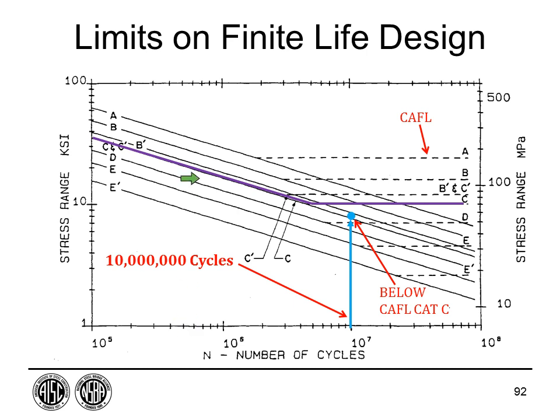And that's perfectly fine. But let me cast it differently. Let's say I said to you, I need to be able to tolerate 10 million cycles. And the detail is category C, this purple curve. Well, what do you notice here? Well, 10 million cycles is out past the point where the fatigue curve becomes horizontal. In other words, there is no finite life that could ever achieve 10 million cycles.